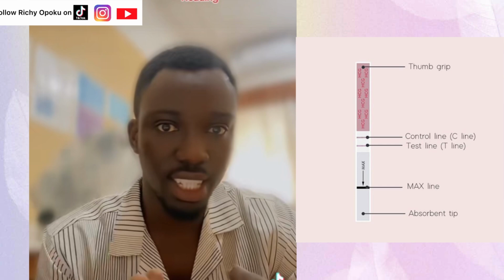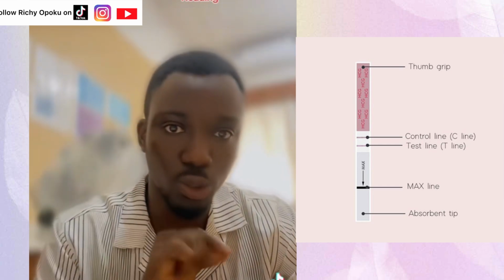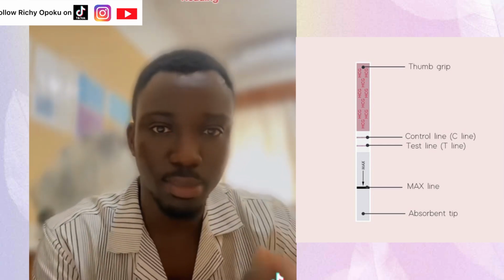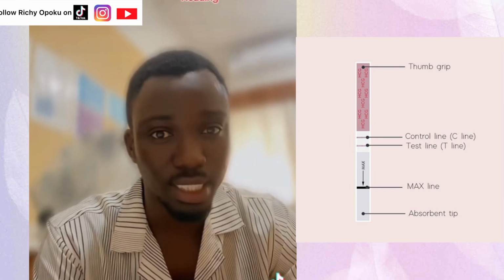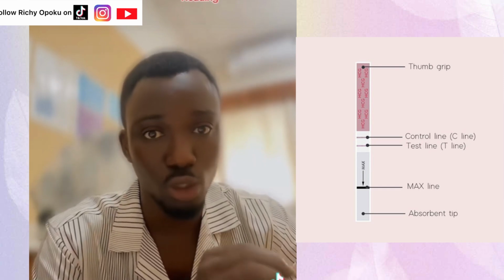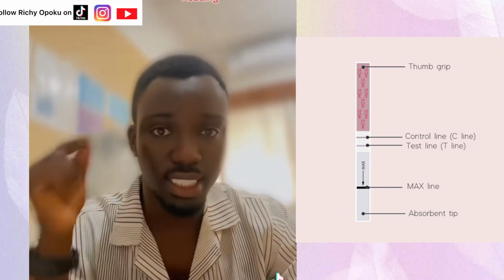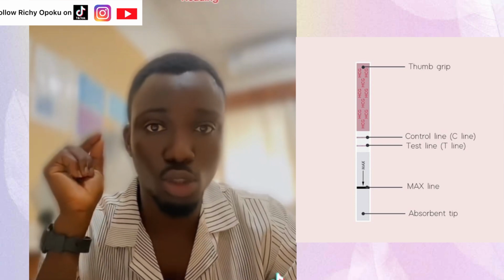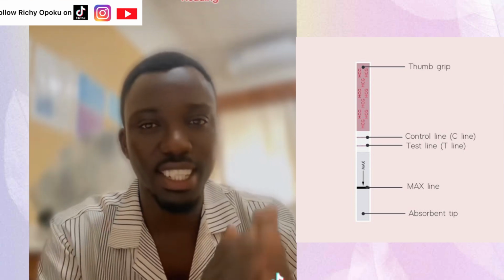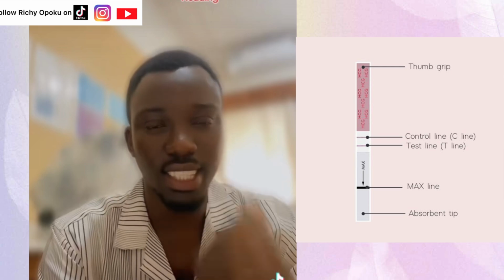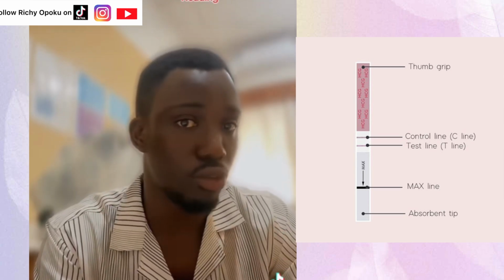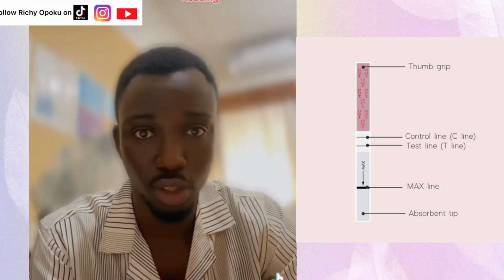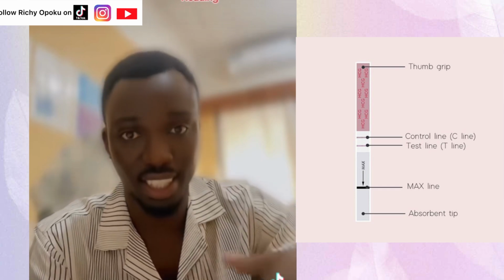If the T line marks, or you see a line on the T, it means that you are pregnant, or it means that HCG is present in your urine. And if you see no mark on the T line, it means that HCG is not present in your urine, which means that you are not pregnant in that sense.